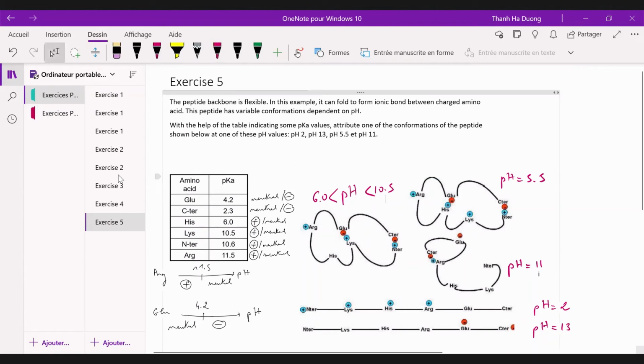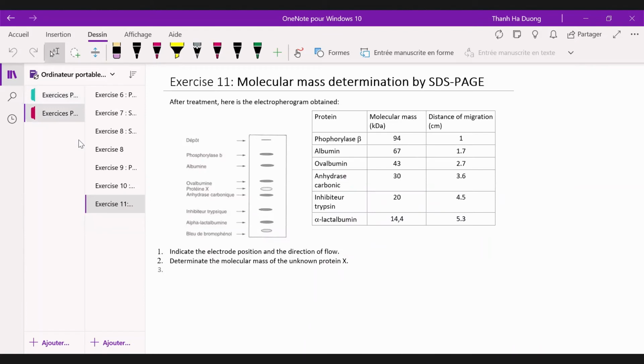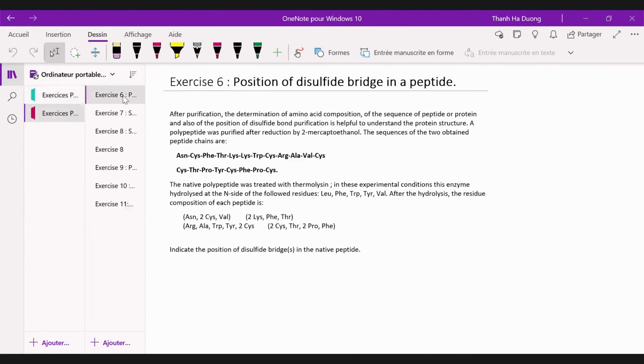So we can do the exercise related to this lesson. In this exercise we have to determine the position of the disulfide bridge in a peptide. Do you remember what a disulfide bridge is?